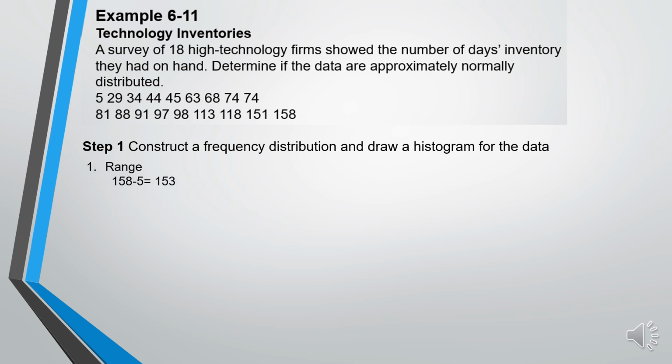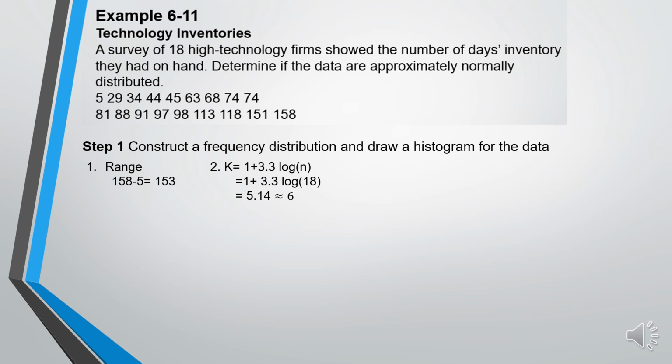First is to find the range, where range is equal to the higher value minus the lower value, wherein the higher value is 158 minus the lower value, 5, and it is equal to 153. So next is to find the k, where k is the number of classes.